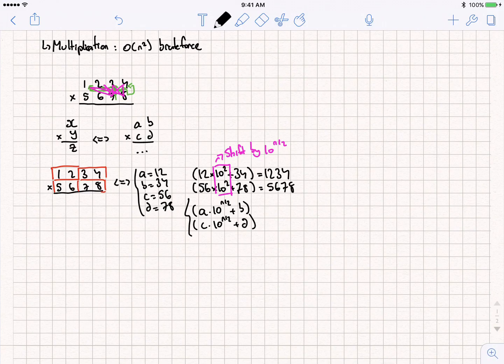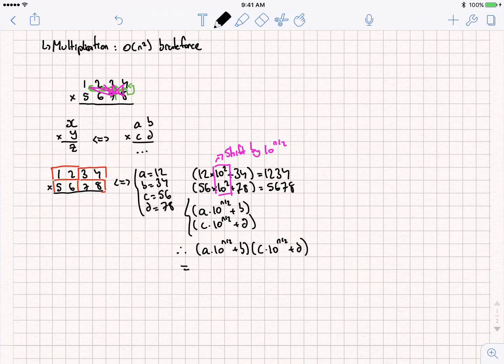We have these two expressions, but our result is just these two multiplied. So therefore our answer is a times 10 to the n over 2 plus b, times c times 10 to the n over 2 plus d.